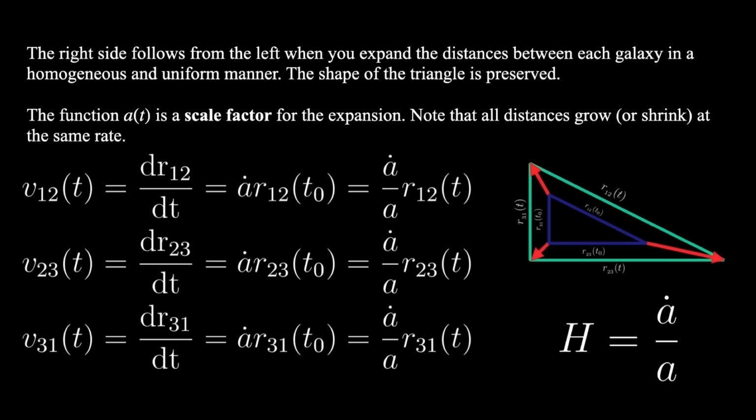If I chose any three points inside of this, I would get exactly the same reaction. We could have just done one, but then you said, wait, why is it just one? So remember, this triangle could be oriented in any way you can possibly imagine. It will always show this rate. Again, this is the result of the homogeneous isotropic expansion utilizing the cosmological principle we talked about initially.